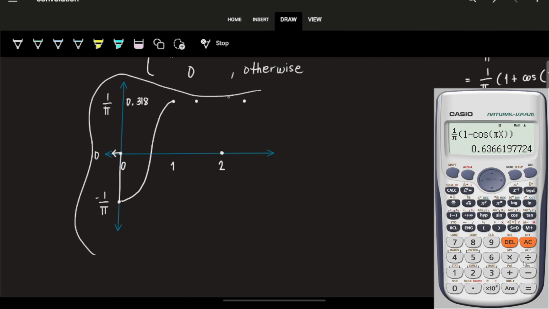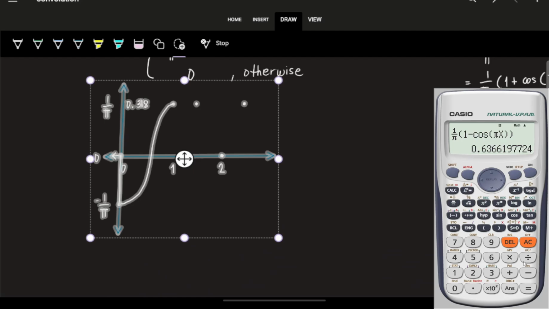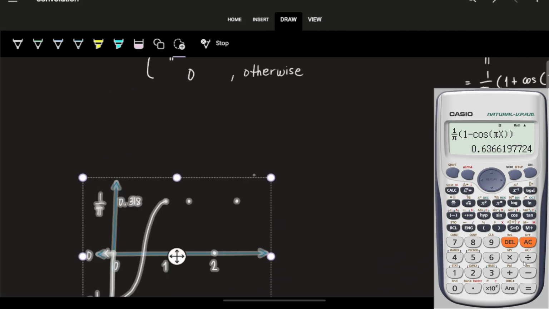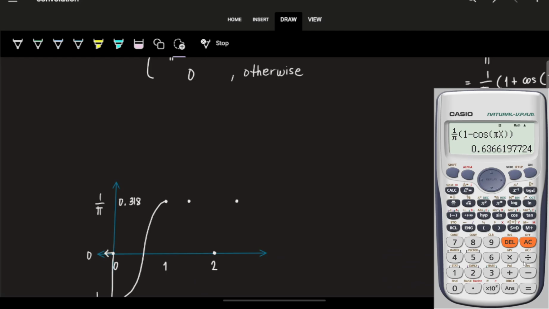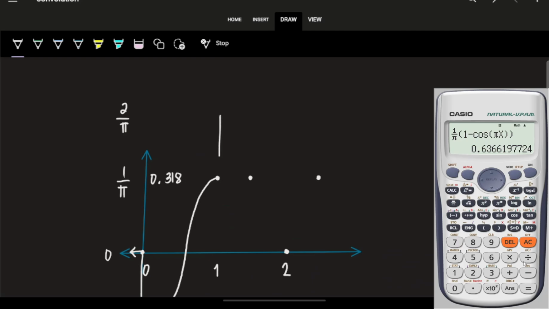So what happens is, based from the values, nagkakaroon tayo ng jump, ng pag-double nung value natin. So this will become, let's say, 2 over pi. So at 1, rather, at the instant it goes beyond 1, aangat siya ng sobra. It is very obvious naman.